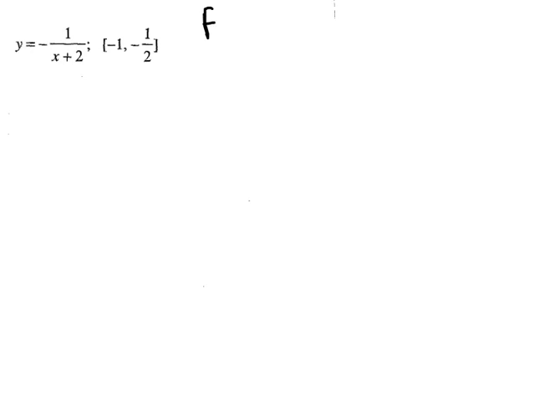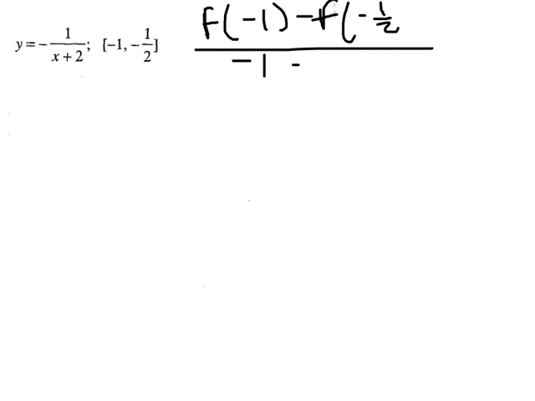Rate of change again, we'll do f of negative 1 minus f of negative 1/2 over negative 1 minus negative 1/2. Going through, again, I'm going to separate into my numerator and denominator, especially since we're dealing with fractions with fractions. Numerator.